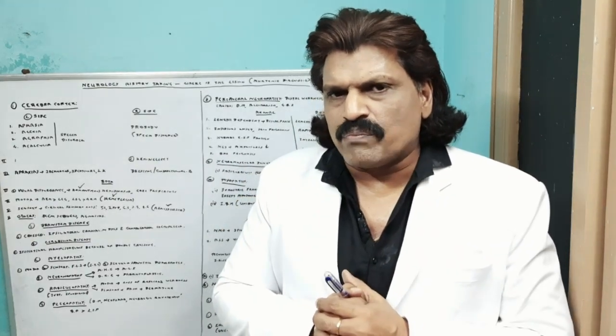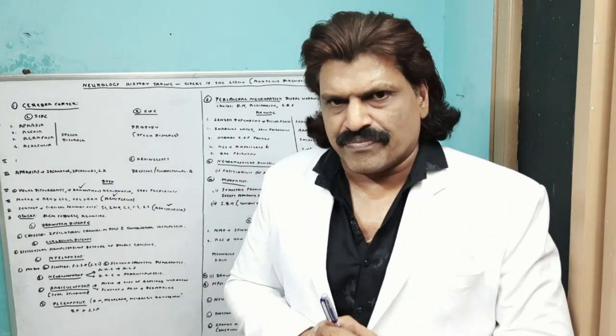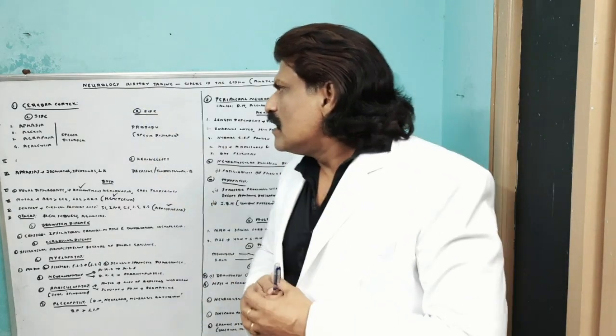So now we'll go step by step. The few important questions we need to ask, the pertinent examination we need to make to find out where the neurological lesion is. First is the cerebral cortex.